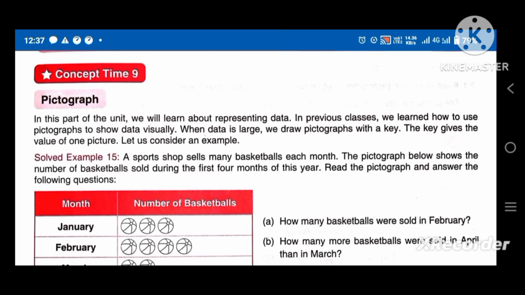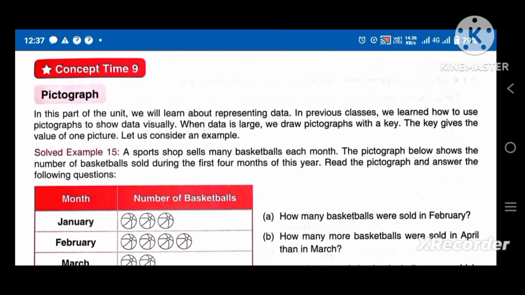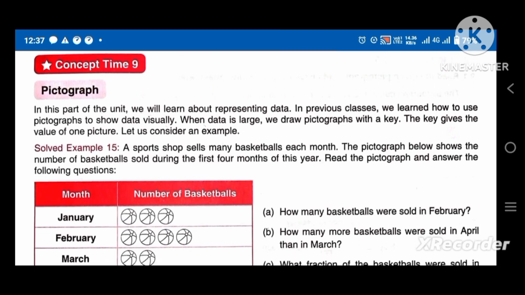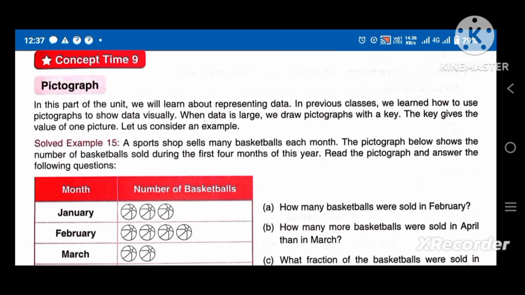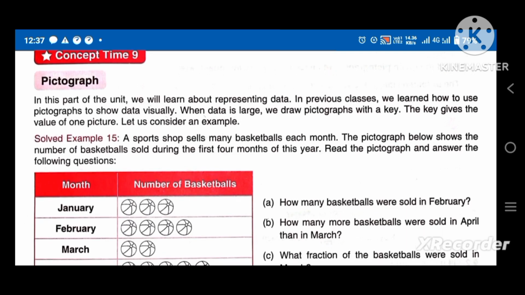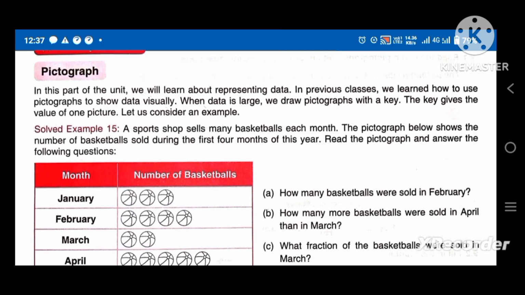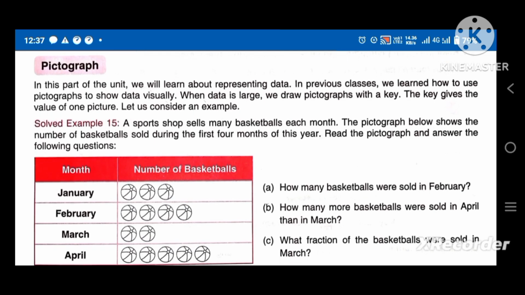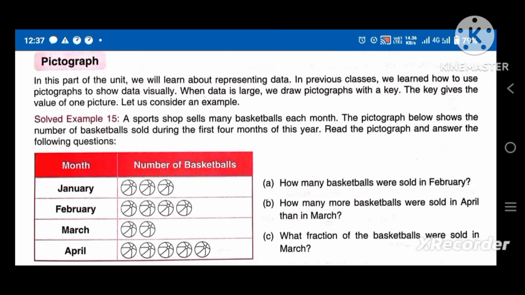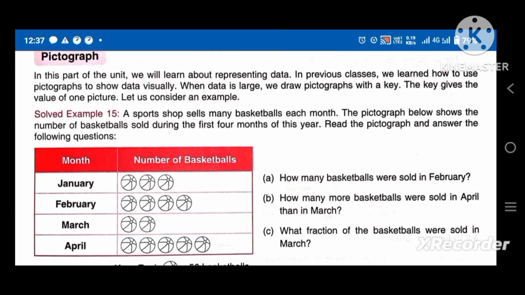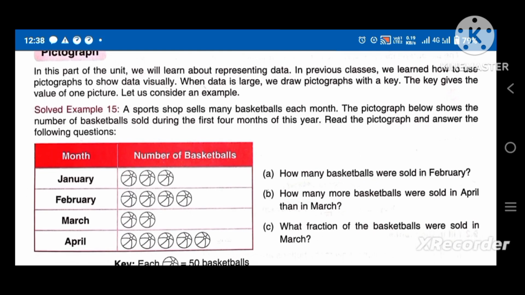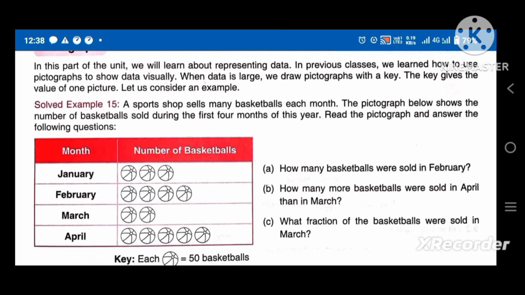Concept time 9. Pictograph. In this part of the unit, we will learn about representing data. In previous classes, we learned how to use pictographs to show data visually. When data is large, we draw pictographs with a key. The key gives the value of one picture. Let us consider an example.